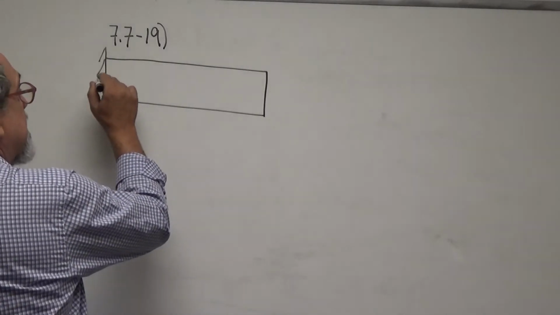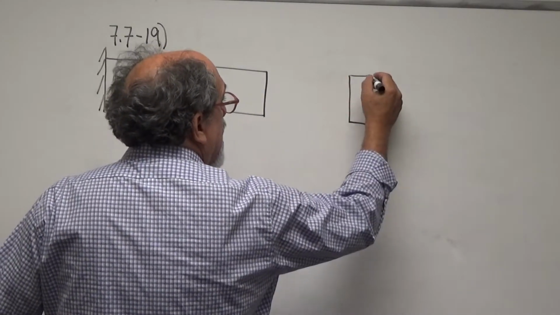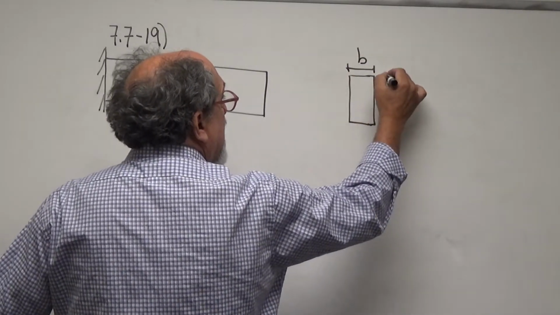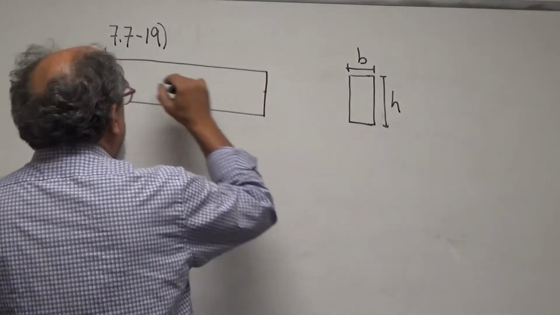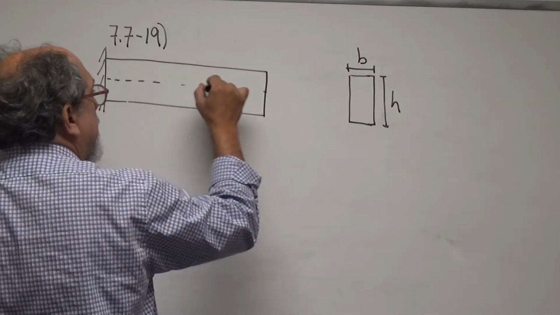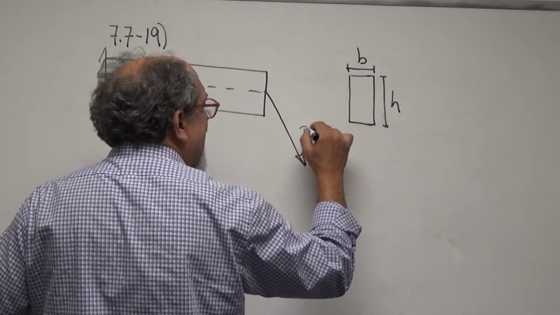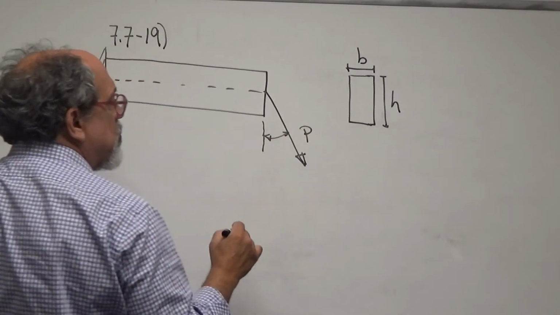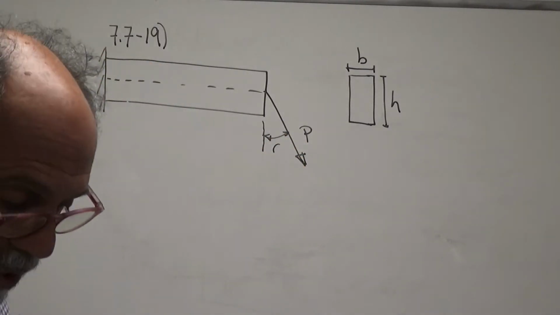Now, this is a beam that happens to be rectangular, and its sides are B in width and H in height. At the center of the beam, there is a P load that is applied inclined like that. The angle that this P load makes with the vertical is, to use the notation of the book, alpha.